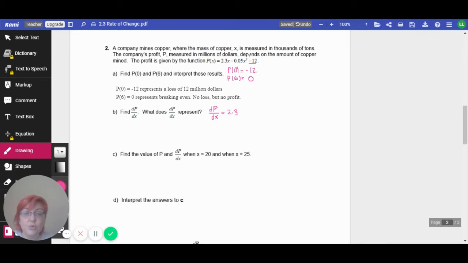Next, we have 2 as n times a, which is negative 0.05. Negative 0.05 multiplied by 2 is negative 0.1.